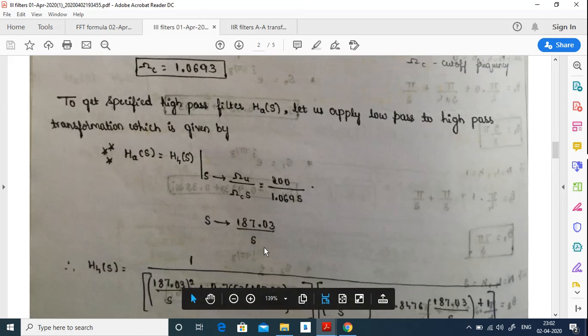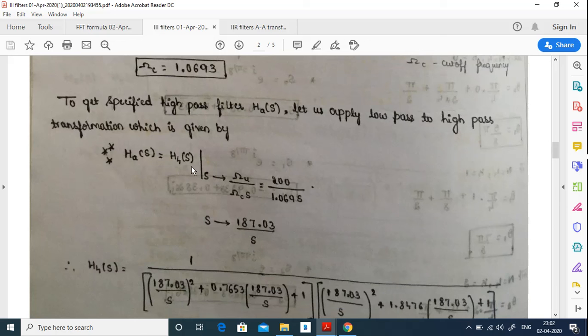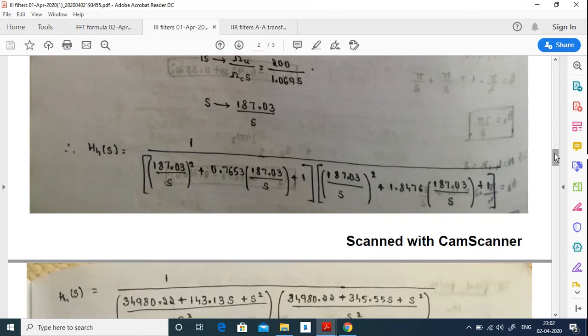What is the meaning of this? Wherever you find S in the H4 of S expression, which we obtained just now, there we should replace S by 187.03 by S, and it is like this.